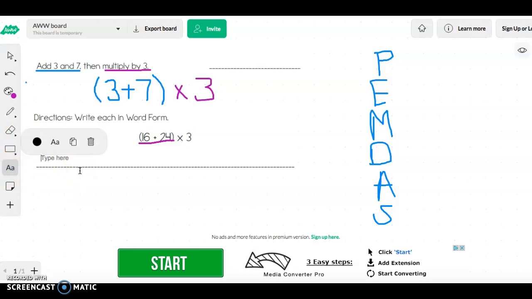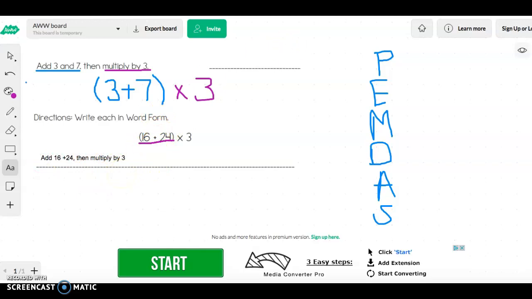So the first thing I have to do is add 16 plus 24, comma, then multiply by 3. I could write that out too to match. So this is all I have to do right here. I turned it into different forms.